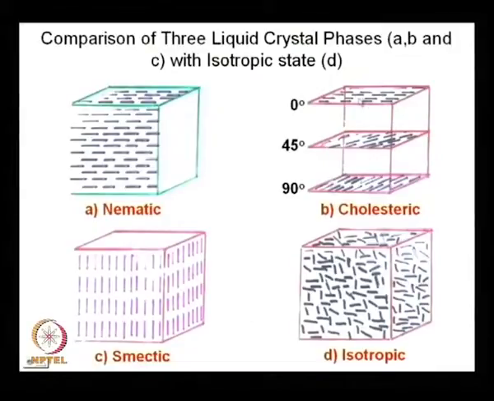Now, as I told, if you have layer like structures like this, in one layer alignment is in this direction, in another layer alignment is in this direction, in another layer alignment is in this direction. So, this is called cholesteric, and you can consider this kind of cholesteric arrangement as molecular composites. You understand, molecular composites, where there will be some dispersed phase in a dispersion medium, which is the continuous phase matrix.